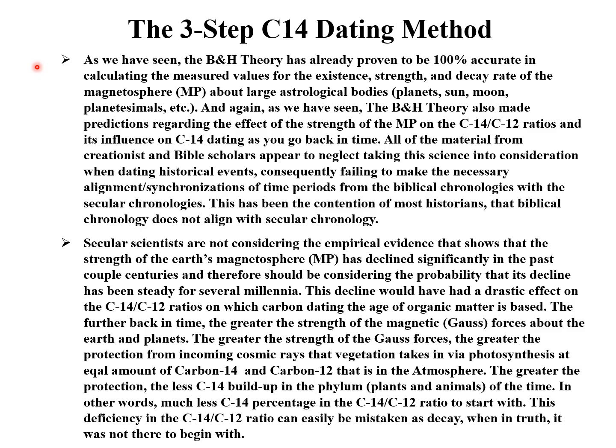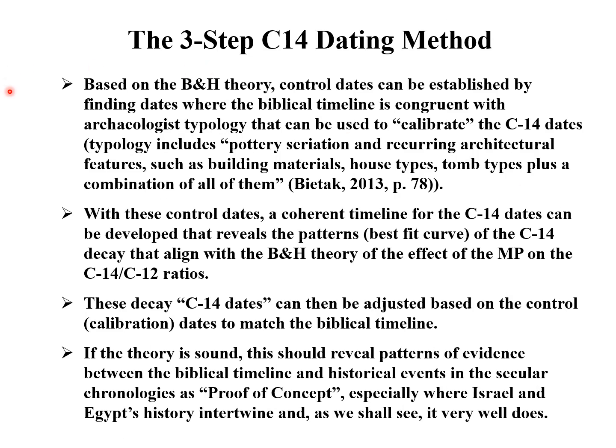In other words, much less C14 percentage in the ratio to start with. This deficiency in the carbon-14, carbon-12 ratio can easily be mistaken as decay when in truth it was not there to begin with. So they're adding decay time to something that had not decayed at all to that starting point.